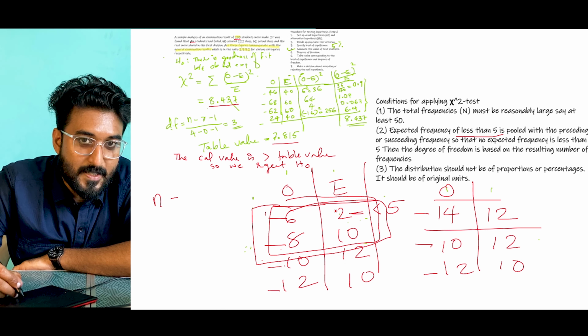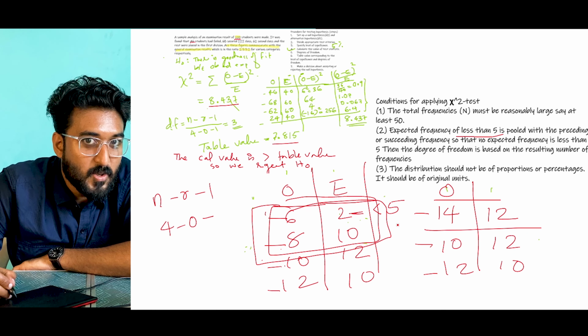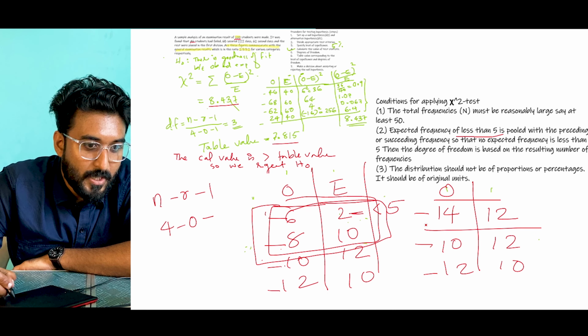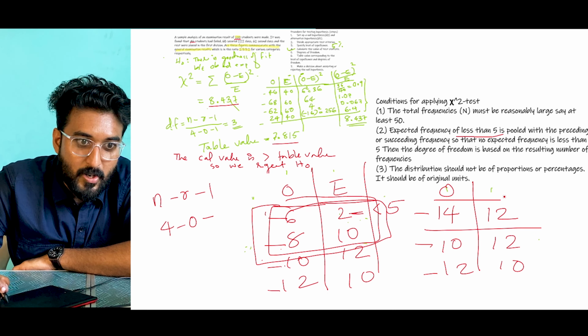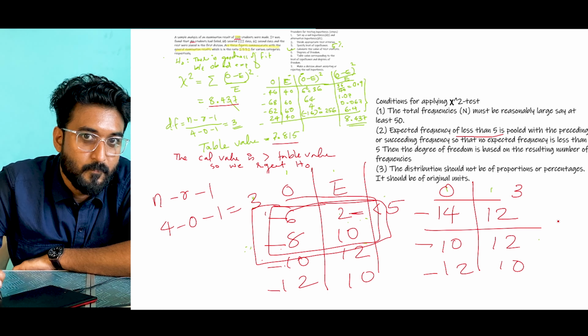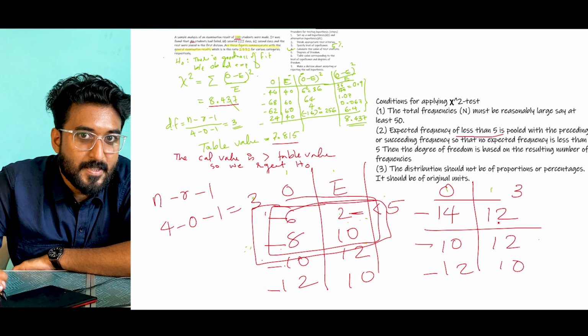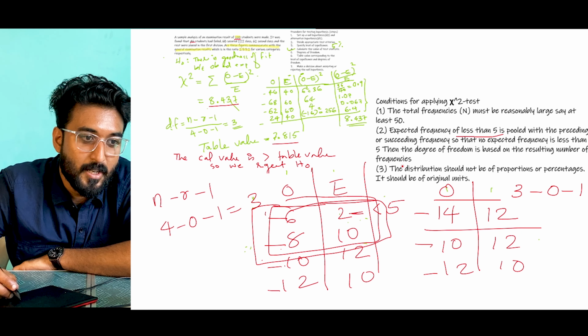But here, after pooling, the observations are 3, so it will be 3 minus 0 minus 1 is equal to 2. Clear? This is the pooling method. This is a condition.